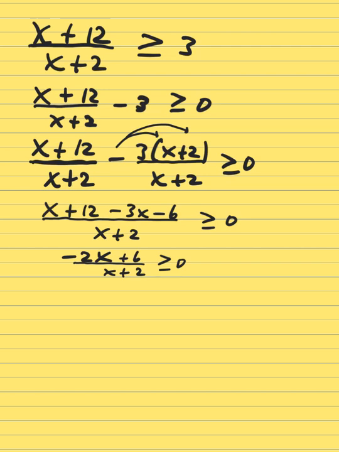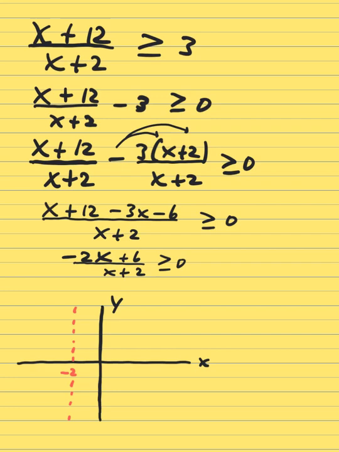Okay, let's get ready to sketch our graph. The denominator is 0 when x is negative 2, and you can just visually inspect that.